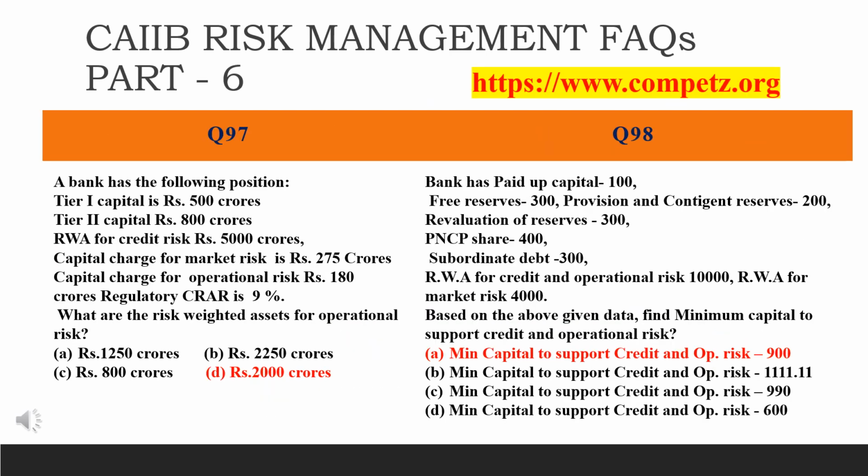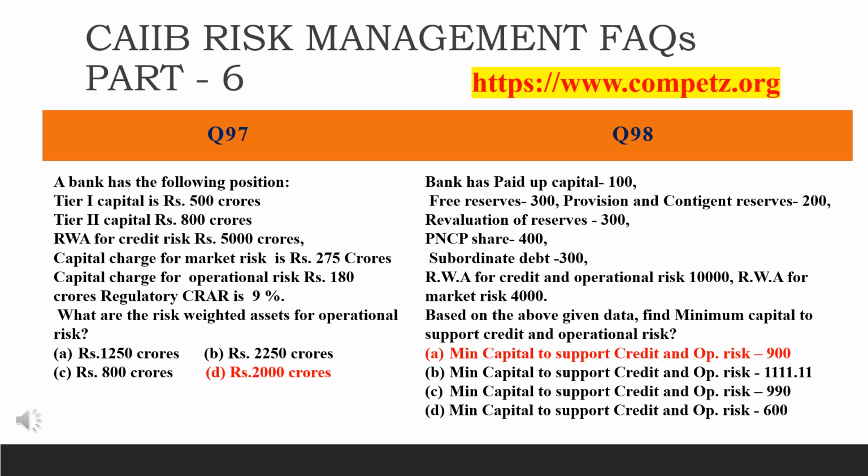Now, in this slide, see carefully the question. This is a practical question. A bank has the following position: Tier 1 capital 500 crores, Tier 2 800 crores. Next is RWA, risk weighted assets for credit risk, 5000 crores.